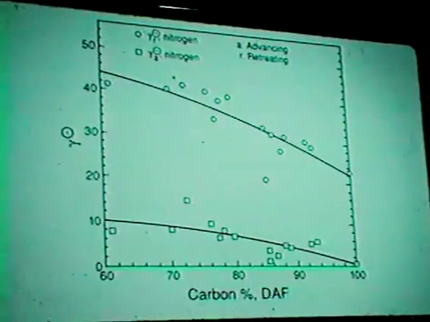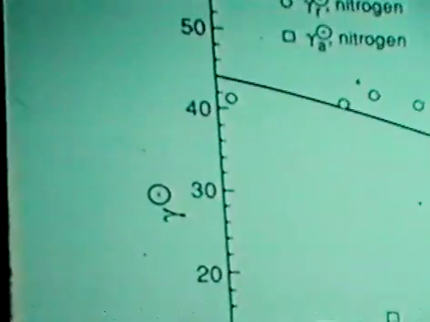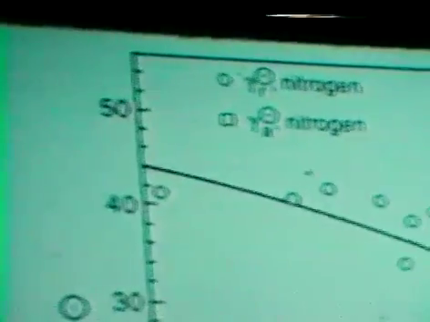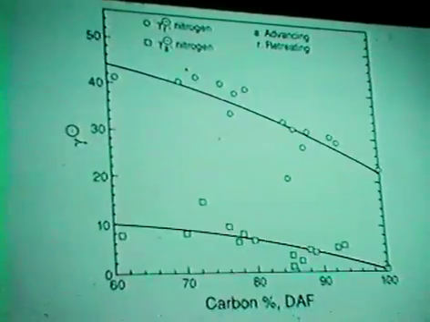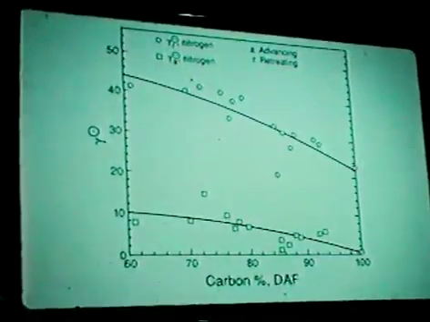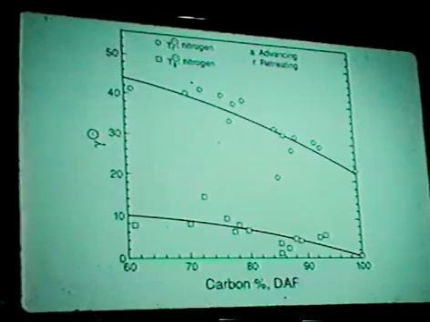And here is the acidic component, basic component, and the lower line ranging from around 10 for the lowest ranked coal, the lignite coals, down to very close to 0 for graphite. And again, there's roughly a constant difference between these two curves.